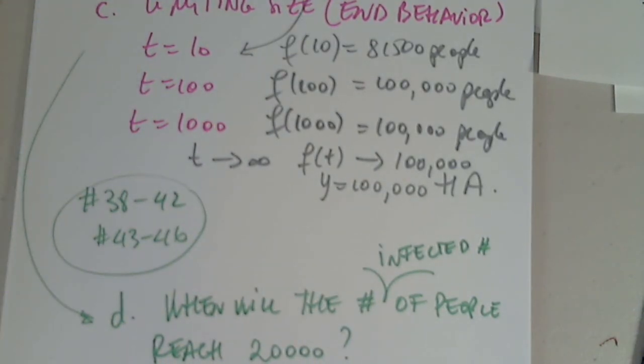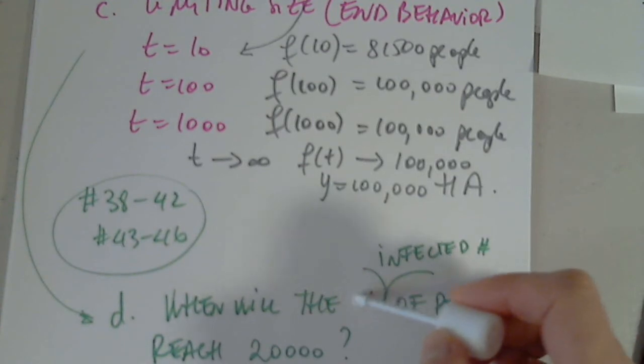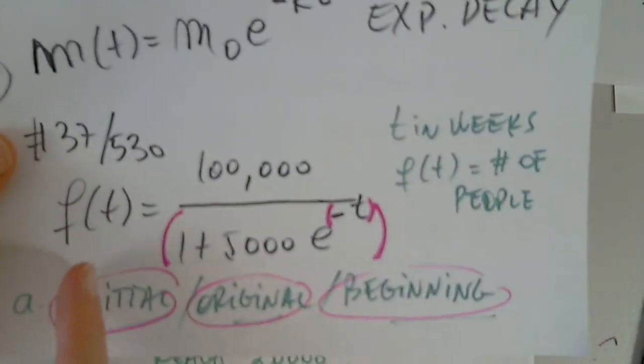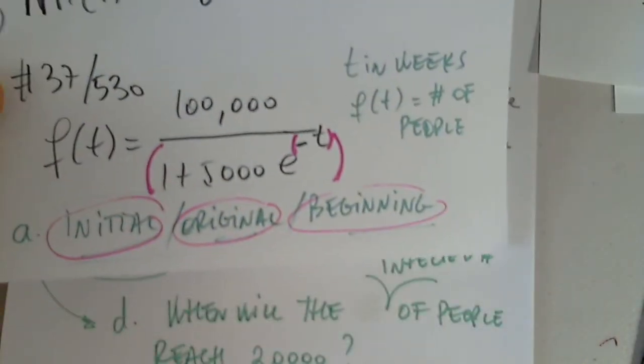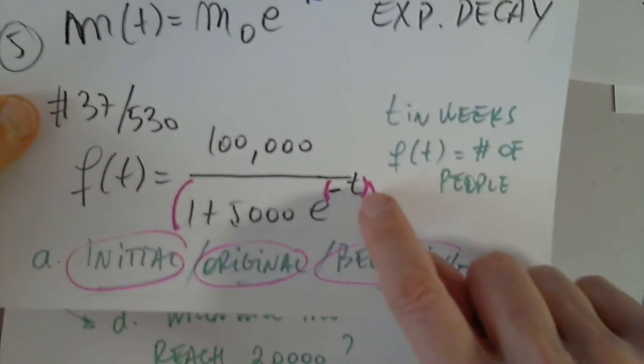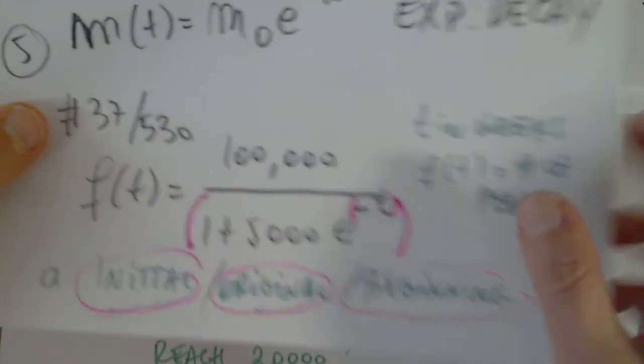What do we need to do now? Well, I thought that this is the number of people. Now I'm going to have to replace this, the y value, by 20,000 and find the time, t.